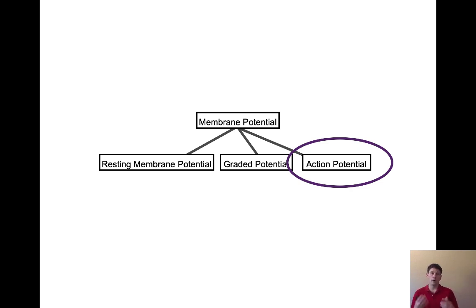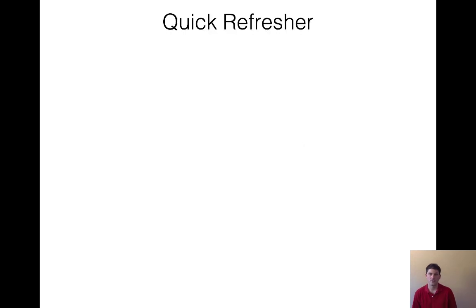Today we're going to start at that threshold and we're going to look to see what happens when we hit threshold, how we get that big blip and big change in voltage, and how that's transmitted down our axons.